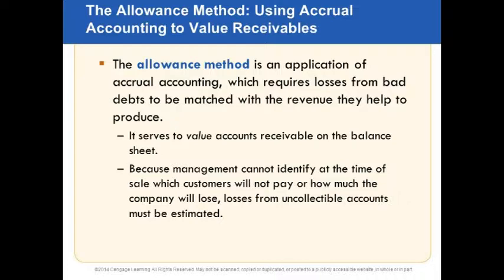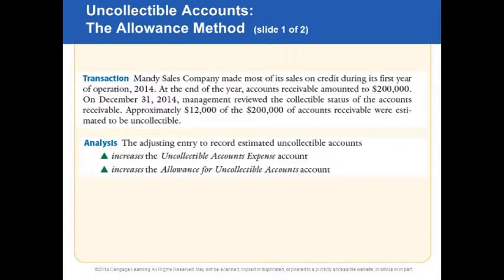It's interesting, because as managers, you can't identify at the time of the sale which customers are going to pay and which ones are not. So there are losses from these uncollectible accounts that you have to make accommodations for. For example, in a typical bad debt situation, they talk about the Mandy Sales Company here.